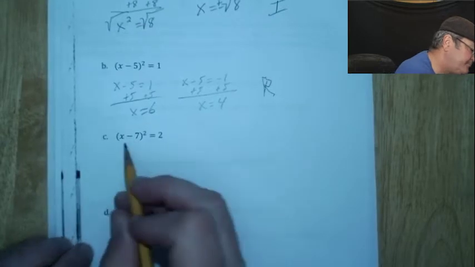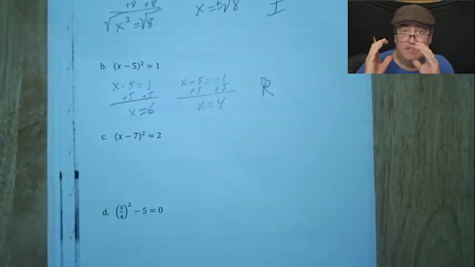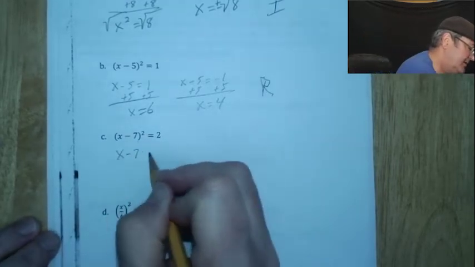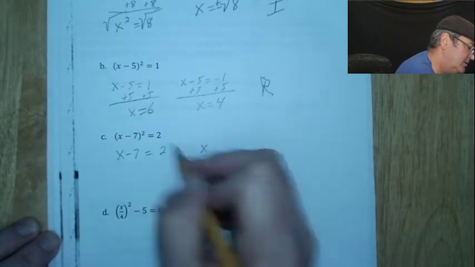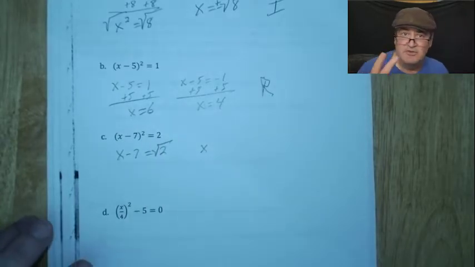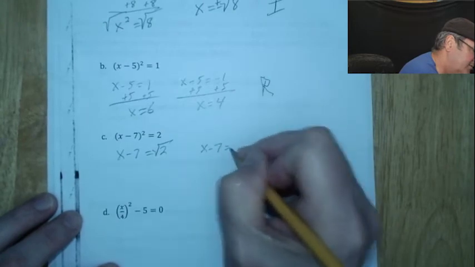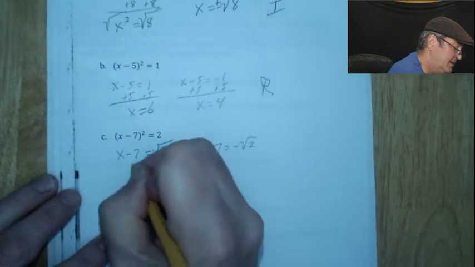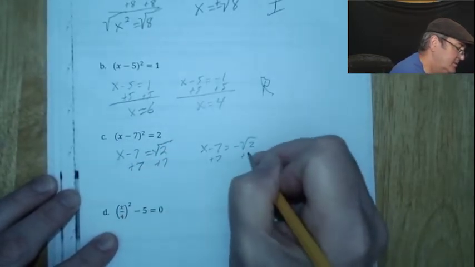Let's look at this. Same as this, we're already down to just one expression squared. So that means x minus 7 equals the square root of 2, because the square root of 2 times the square root of 2 would be 2. So we're having to take the square root of both sides. Or x minus 7 equals negative square root of 2. One of those. Add 7 to both sides.